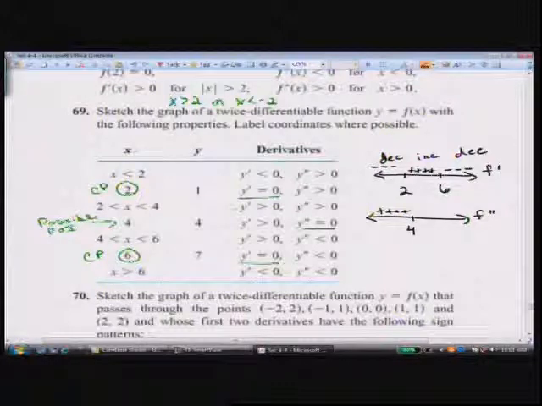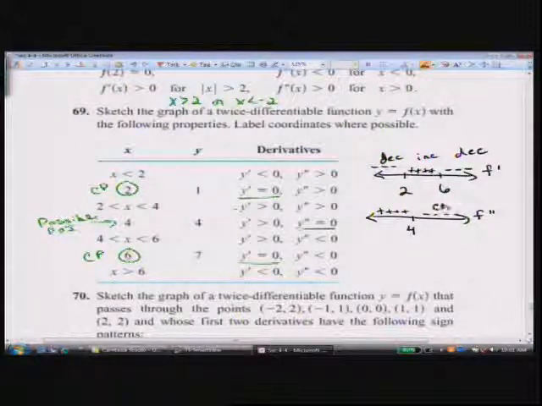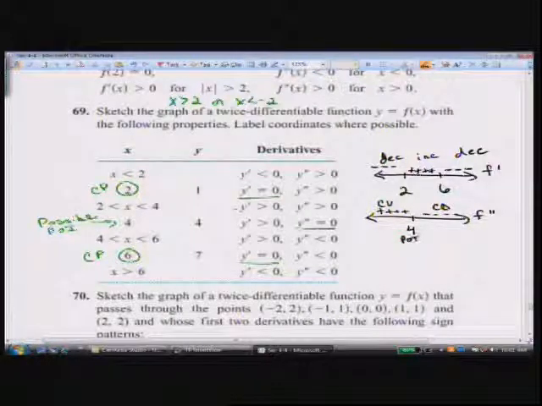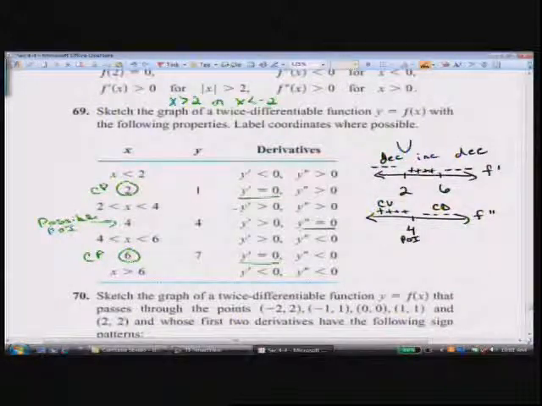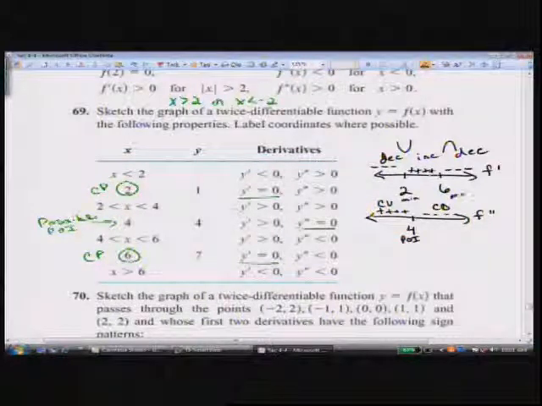And to the right of 4, like 6, I'm negative. So I'm concave up on this interval, I'm concave down on this interval. So I have a point of inflection. I have a change there. Okay, and so I decrease, increase, increase, decrease. So I have a min and a max.